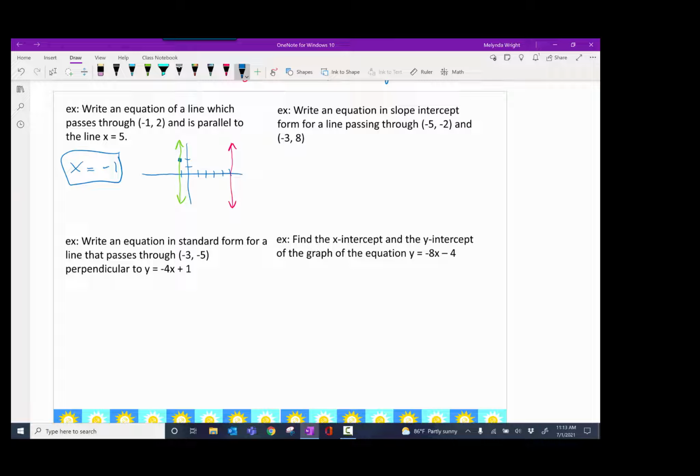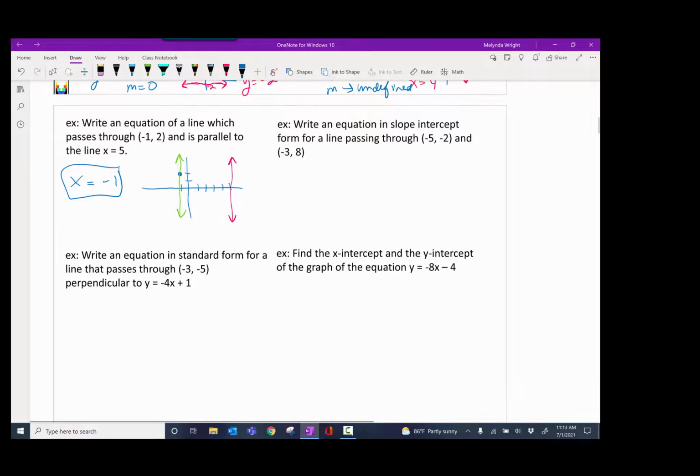Okay. The next example wants us to write an equation in slope-intercept form. So let's remind ourselves that's y equals mx plus b, for a line passing through the points (-5, -2) and (-3, 8). So we need a few things. We need to know the slope.